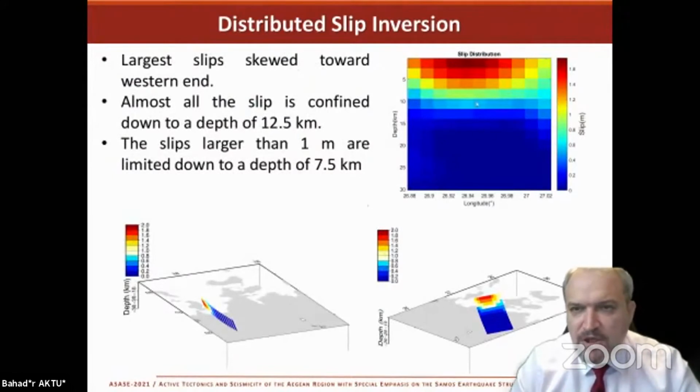As you see, generally the slip is concentrated in the western part of the fault, and all the slip is really limited to the first 12 kilometers, and slips larger than 1 meter are limited to a 7.5 kilometer depth. These are in different three-dimensional perspectives.